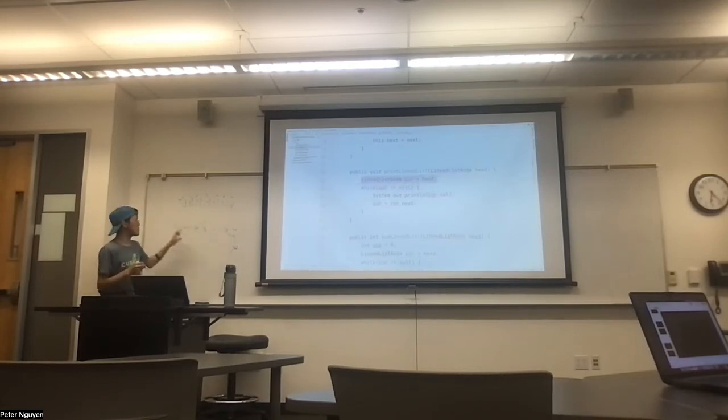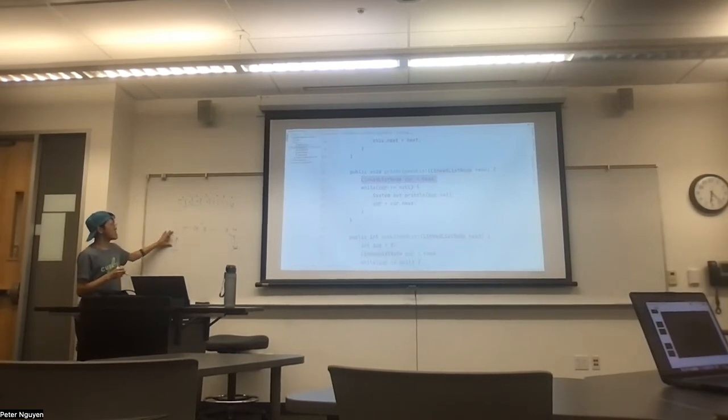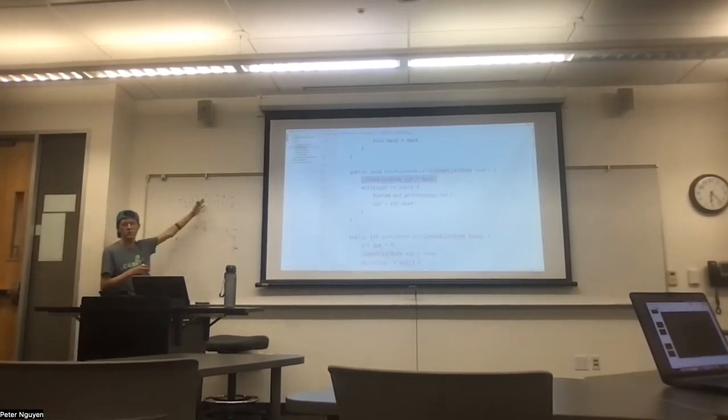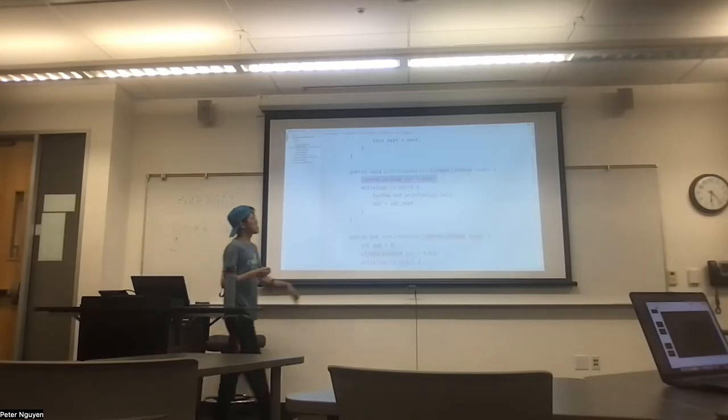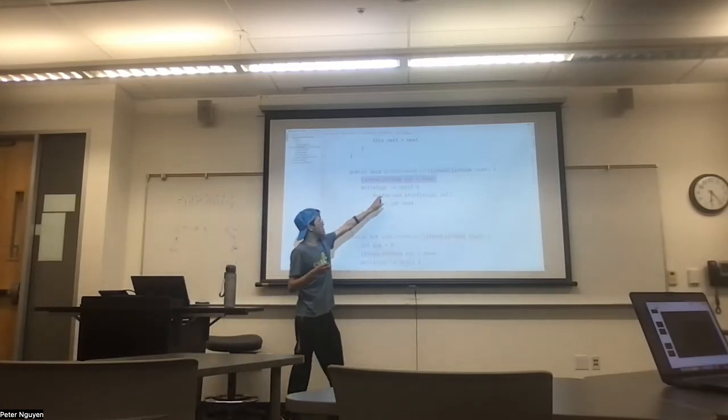In order to print each node in this linked list, it's not as simple as a for loop where we print each array of i. We can't do that for linked lists since these aren't arrays. So instead, we have to do the following algorithm. Ignore this cur does not equal null for now.